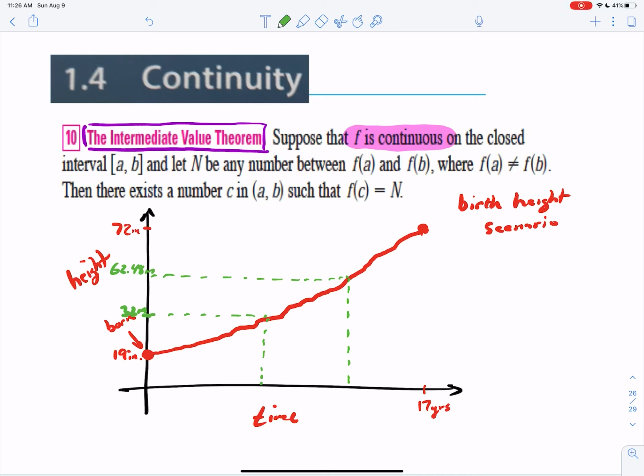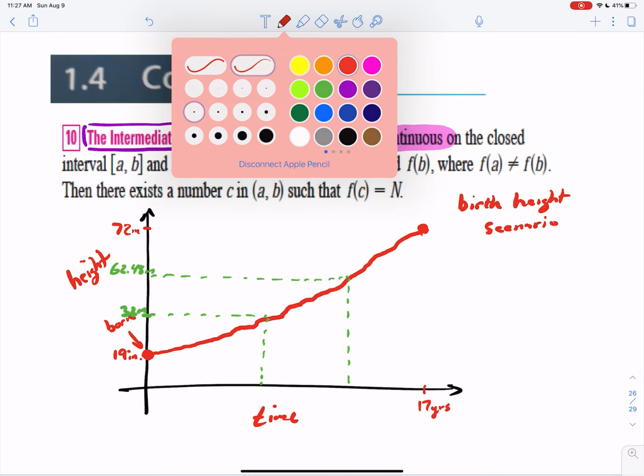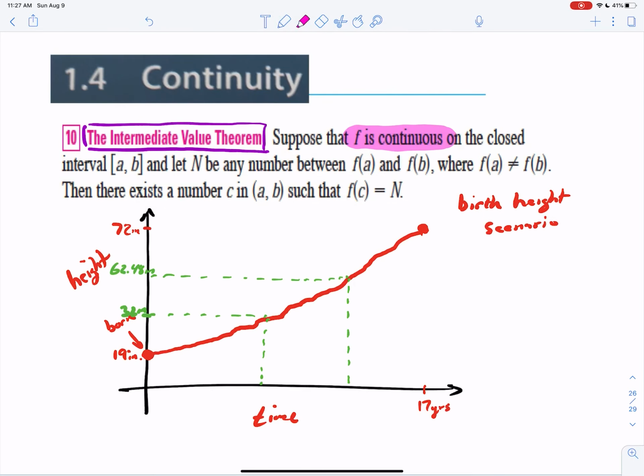Okay? So here's my point. True or false? At some point in Jennifer's life, she had to have hit every single inch and decimal in between 19 and 72 inches. Okay? And that right there is the intermediate value theorem. If you've ever played any video game, you know the intermediate means what, right?